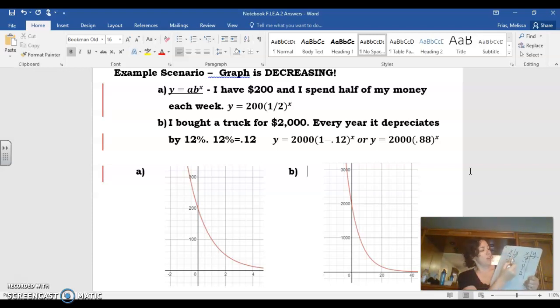Right here, this is subtracting 5, subtracting 5, subtracting 5, and if it's adding or subtracting the same amount, this would be linear. So this is linear.